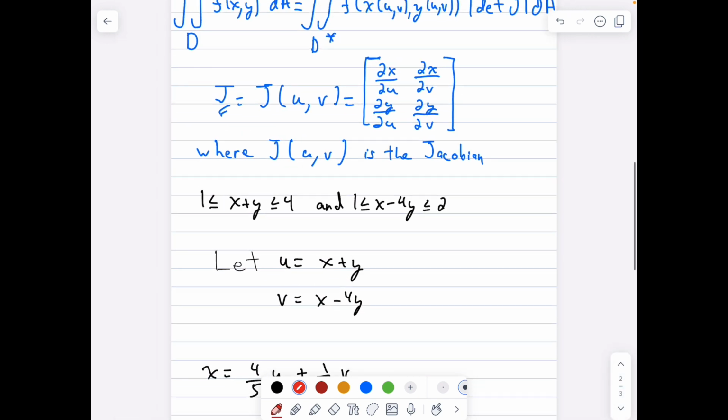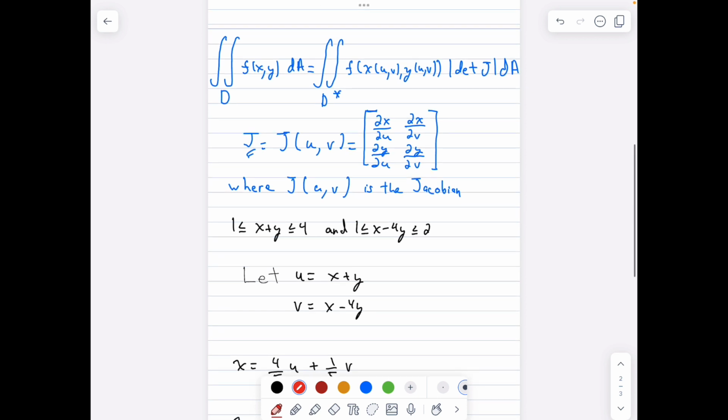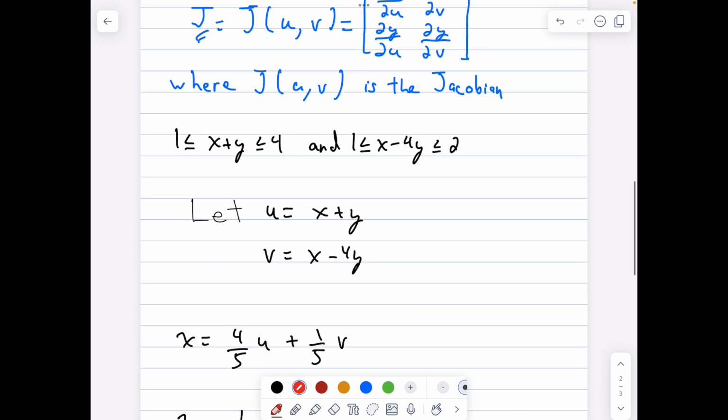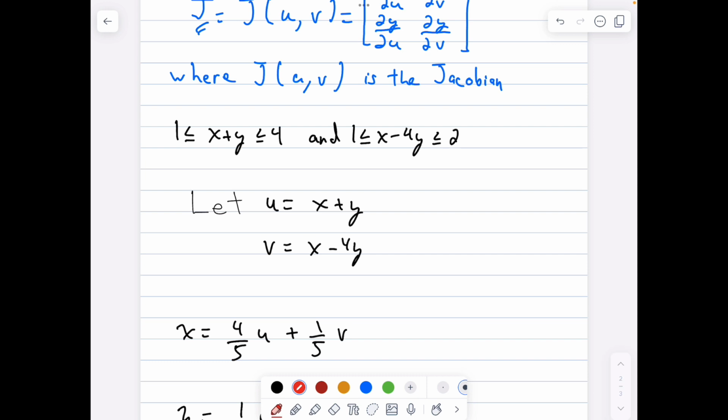Now, how do I go about doing this? Let's go back to what we were looking at in terms of the region. We had x plus y between 1 and 4, and x minus 4y between 1 and 2. Here's what I'm going to do. If I let x plus y equal u, this is like saying u is between 1 and 4. And if I let v equal x minus 4y, this is like saying v is between 1 and 2.